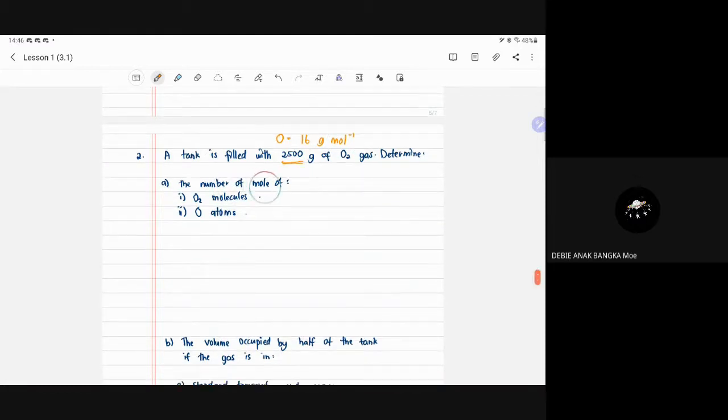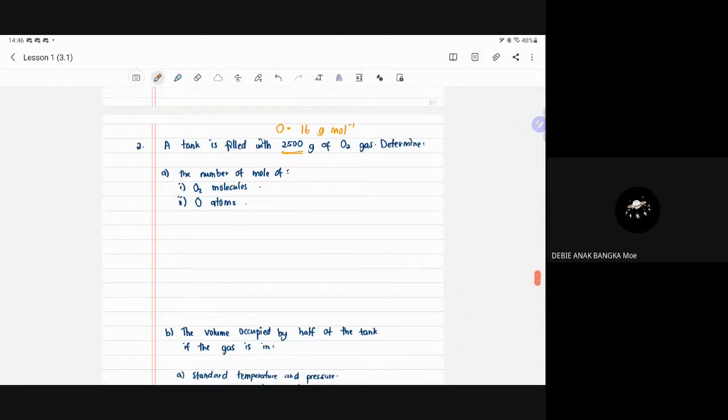Now, you want to find the number of mole of O2 molecules. So, first of all, molar mass MR of O2 is 16 times by 2. Kenapa kena darab 2? Sebab mass untuk satu oxygen atom, molar mass untuk O sahaja adalah 16. This is O2, ada 2.